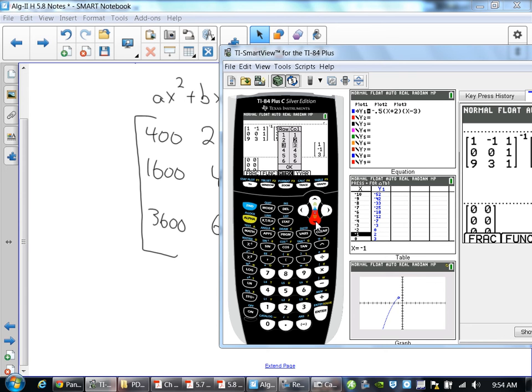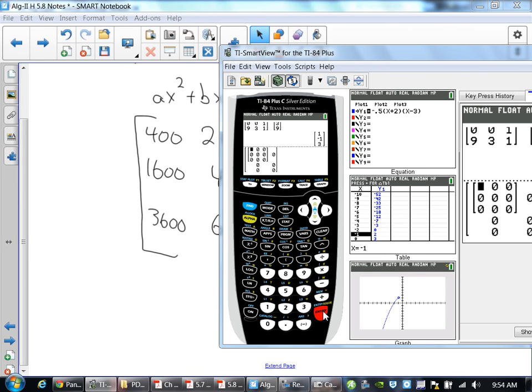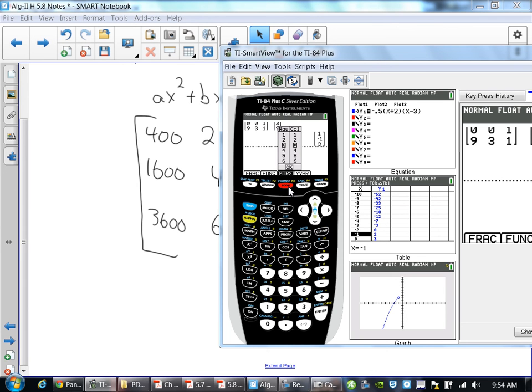The downfall of this calculator on the screen is that it's so slow. Okay, so I have a 3 by 3. You're going to get a really weird number, and that's okay. 400.